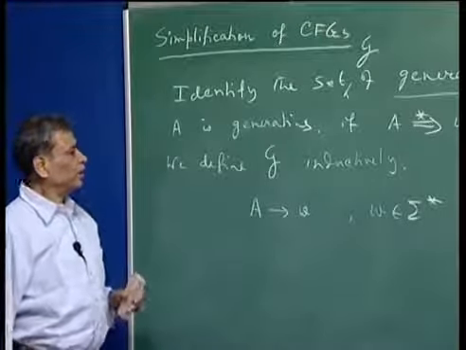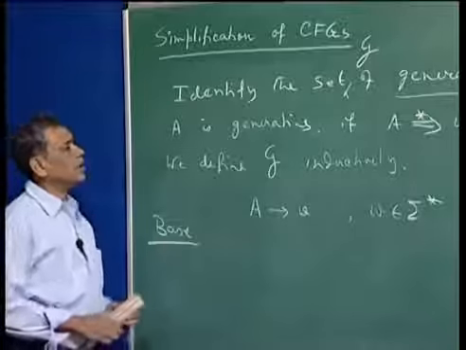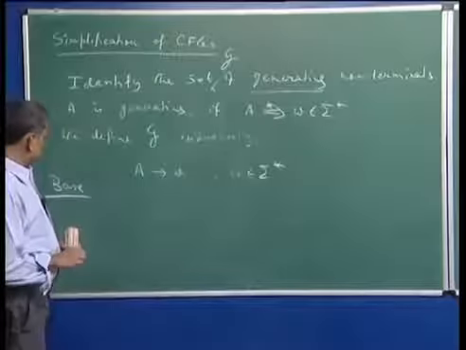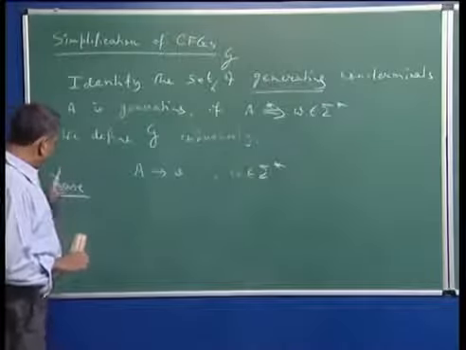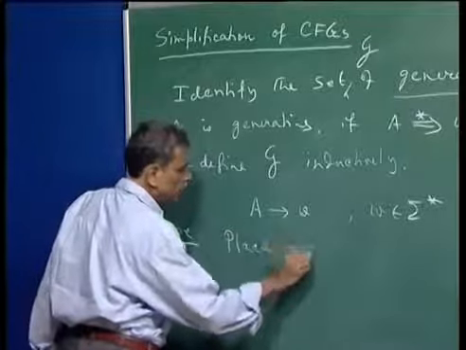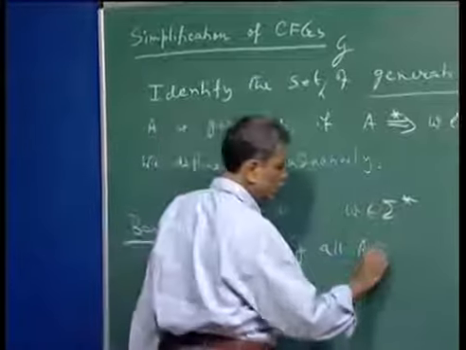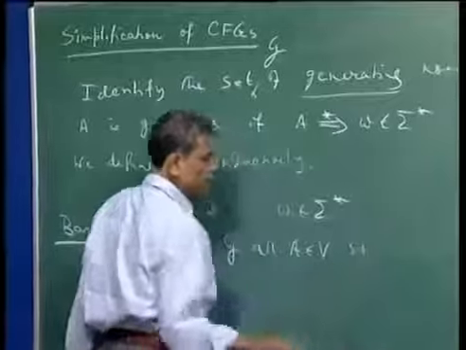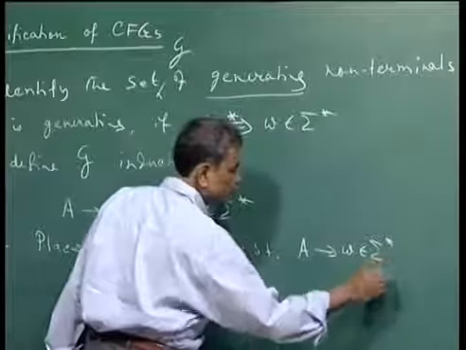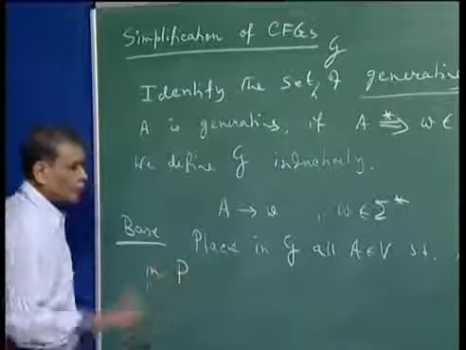So, the base case in the inductive definition of script G is: place in G all A such that A goes to w in sigma star is an element of the set of productions.